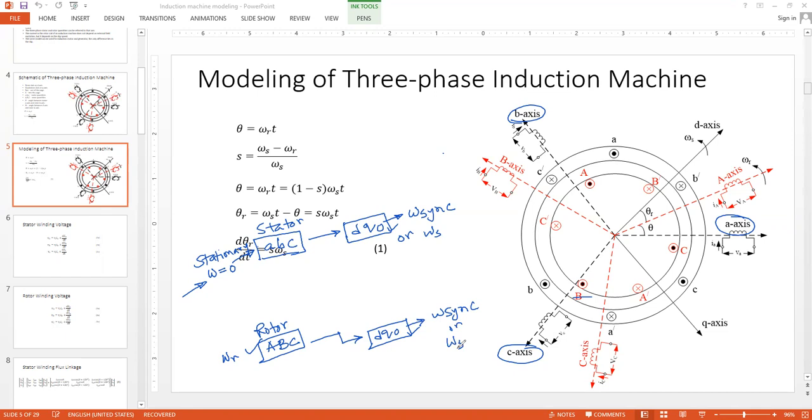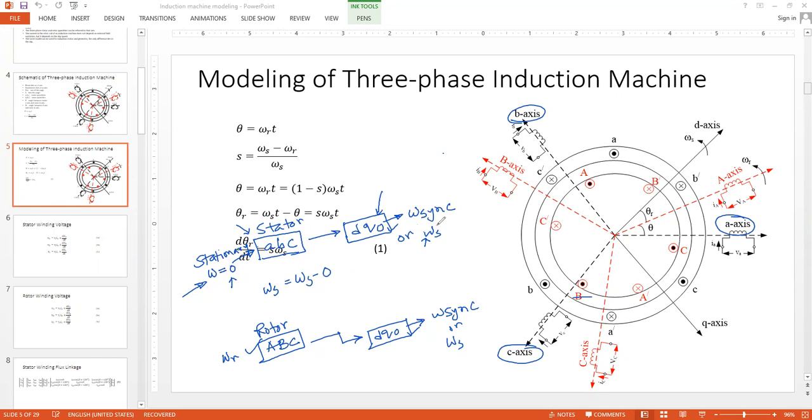So you can see whenever we are using the Park transformation matrix, the angular velocity that is present there is simply the difference between this value over here and this value over here. In other words, the relative speed between this frame and this frame is omega s minus 0, and that is nothing but omega s.